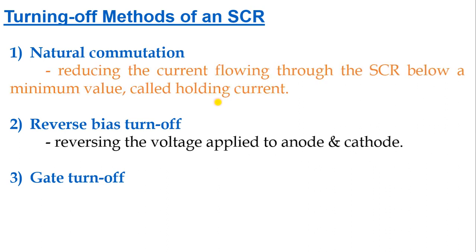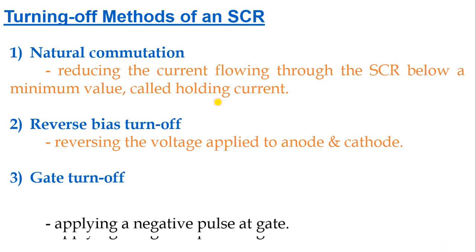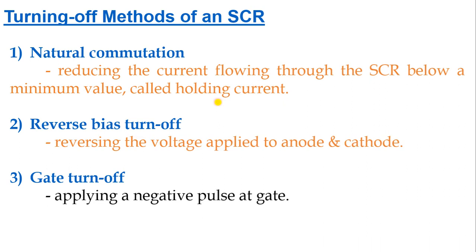According to the reverse bias turn off method, by reversing the voltage applied to anode and cathode, one can easily turn off the SCR. Then the third method is gate turn off method. In this mode, just by applying a negative pulse at gate, one can easily turn off the SCR. So these three are the methods suggested for turning off an SCR.